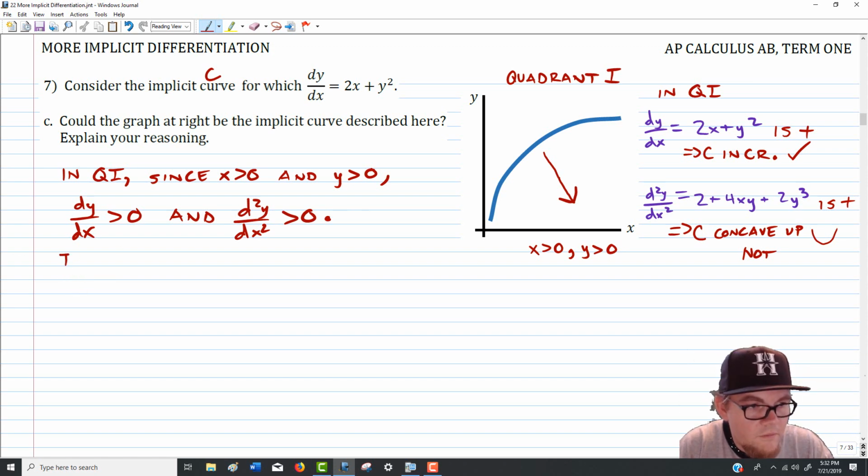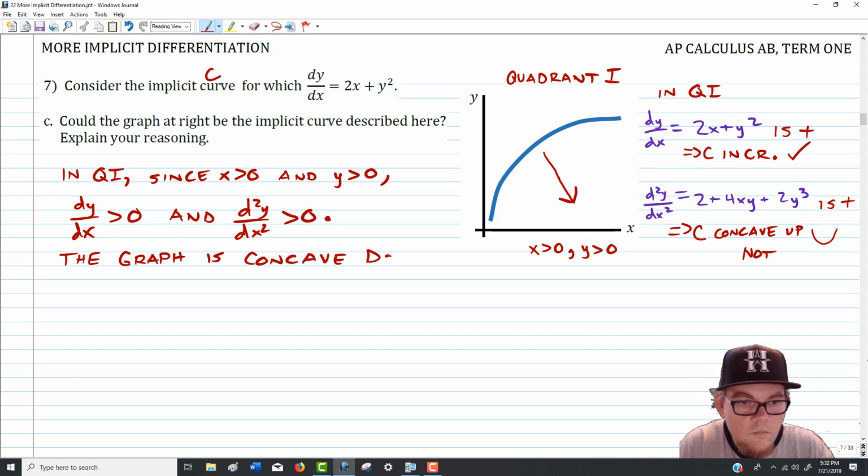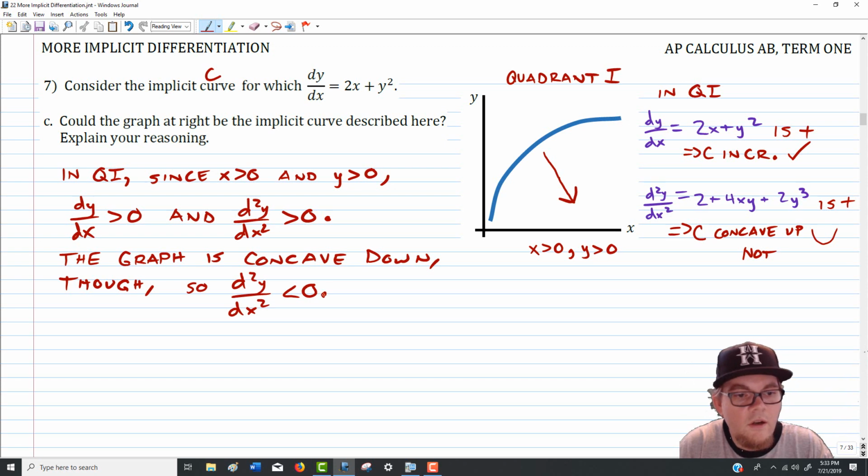The graph, again I'm just trying to translate what we just saw, is concave down though. So d2y over dx squared would be less than 0.